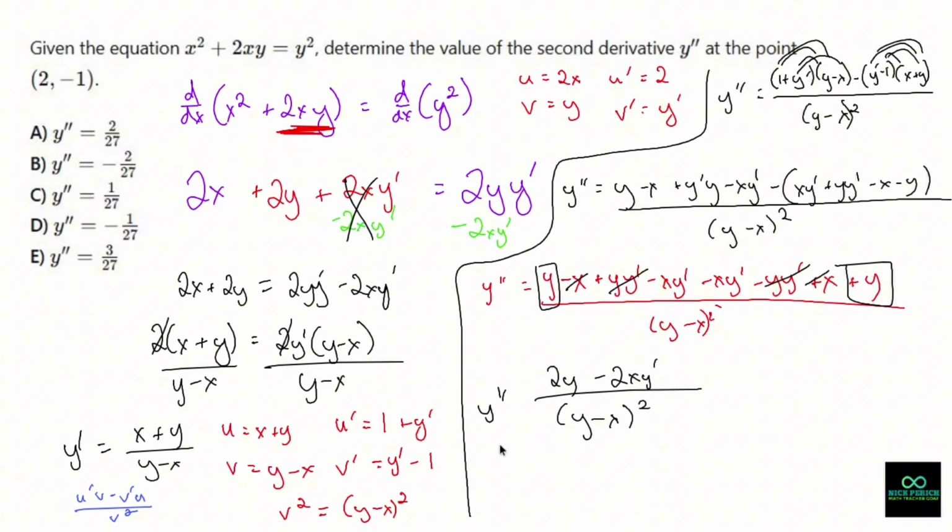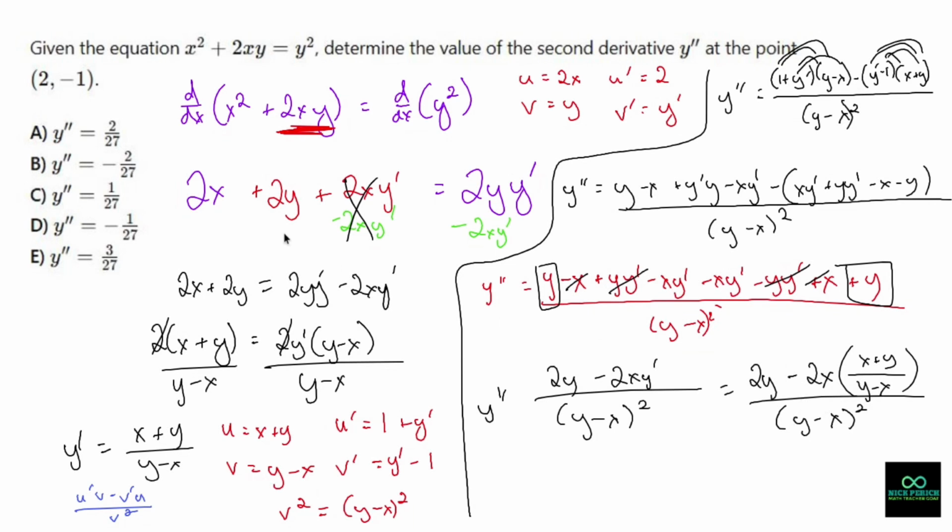Now we know that y prime from over here is this. So you become 2y minus 2x times (x plus y) over (y minus x), all over (y minus x) squared.